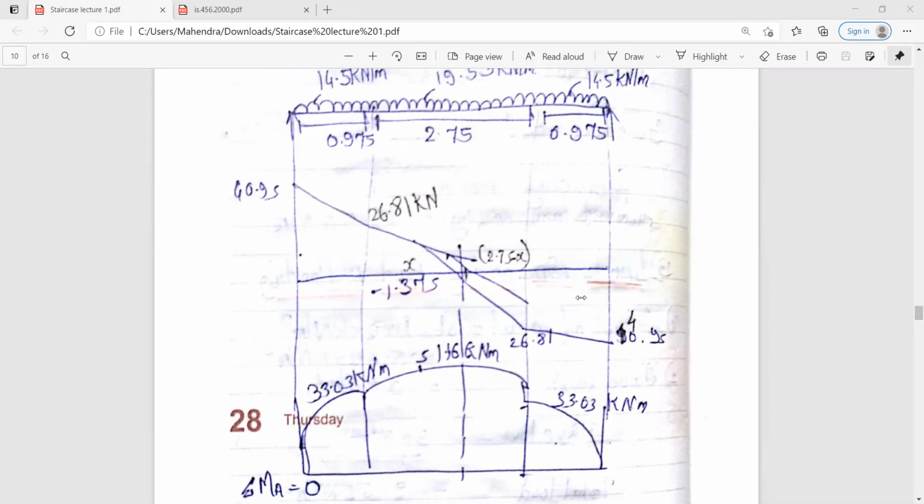If anyone doesn't understand how to do it, they can ask. Yes or no? All had completed up till here. Okay.